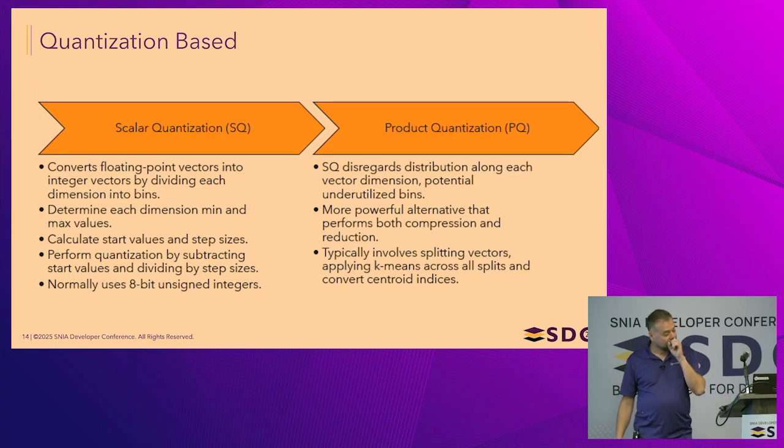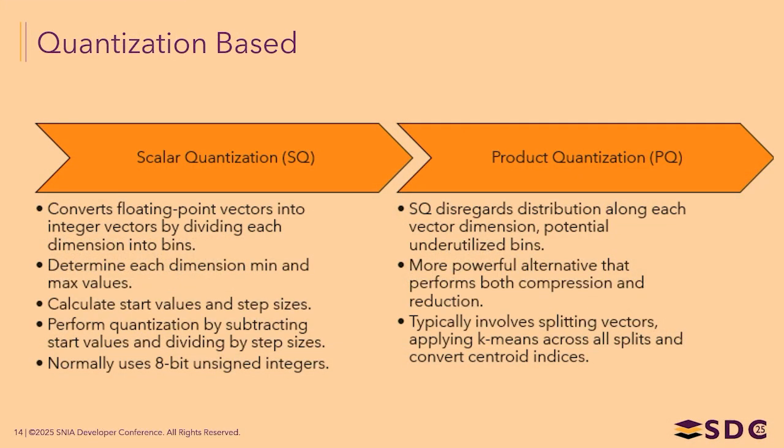And then there are the quantization-based techniques, which were created more to preserve memory, so they are less memory-bound and require less memory. You have two main types, scalar and product. Basically, I'm using less precision, so you create a smaller index.